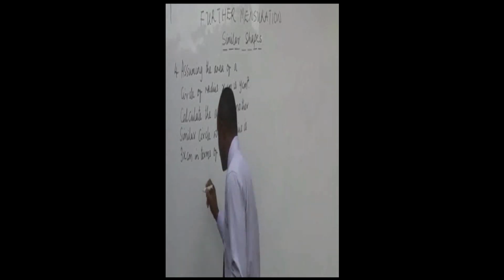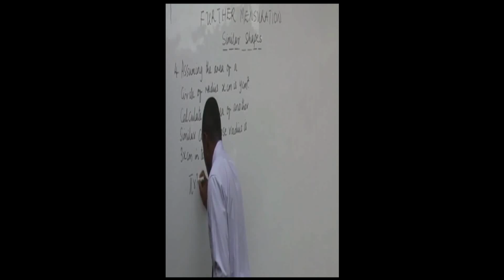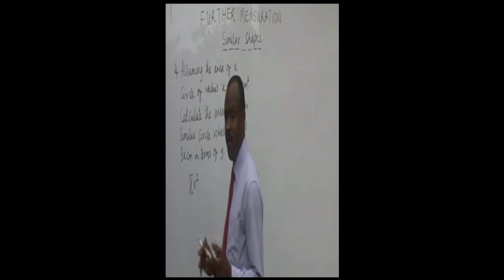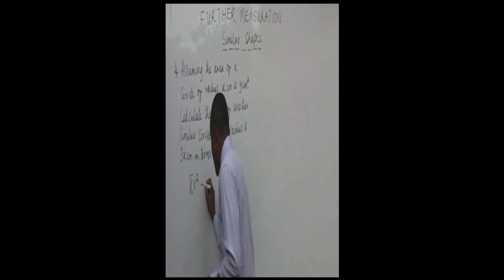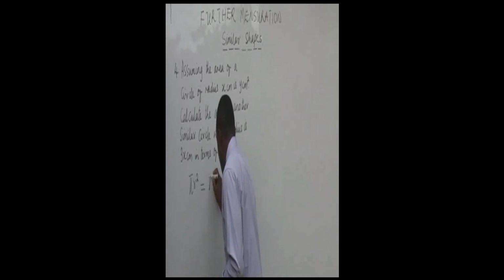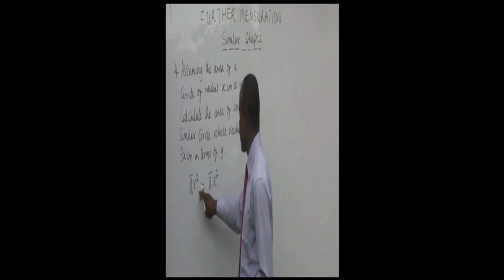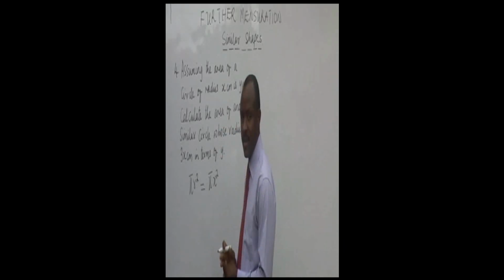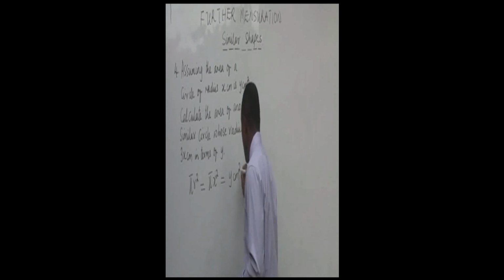That means pi r squared, which is the formula for area of a circle, is now changed to pi x squared because radius r is x, and it is equal to y cm squared.